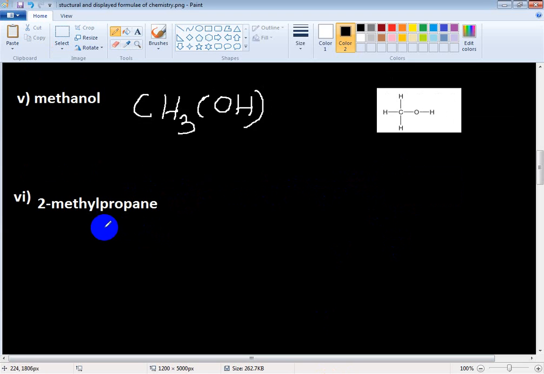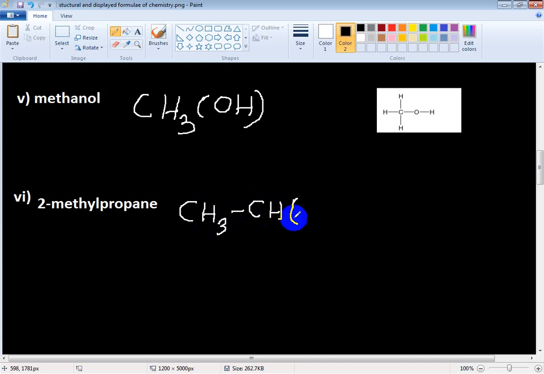Now question number 6 is 2-methyl propane. So the methyl position is 2. This is the CH3, CH, not CH3. Here 1 is a methyl group.